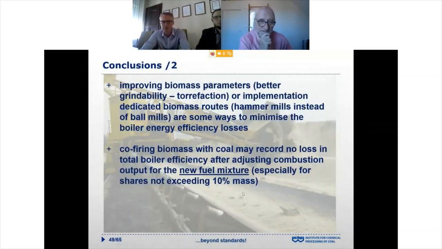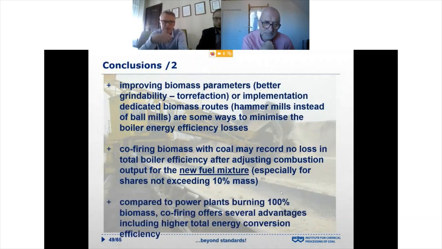You can really optimize it in a very dramatic way and combust biomass at 10% of the mass with no efficiency loss. But you have to work out quite a lot on your boiler behavior and on your milling, to implement new procedures in the mills and the boilers, especially on the steam side.